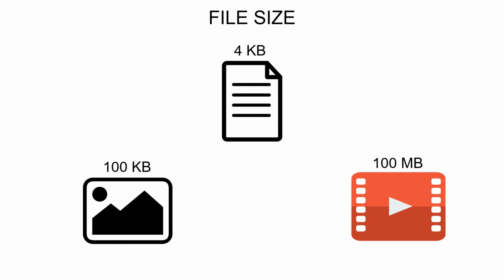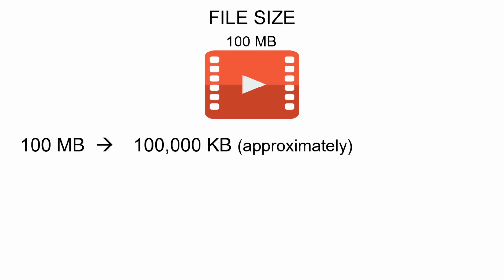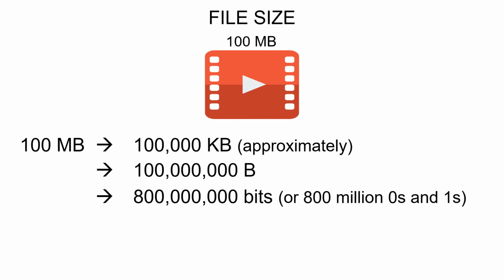When we speak about file sizes, it's similar to speaking about the capacity of a storage device. Let's take, for example, the 100 megabyte video. That is approximately 100,000 kilobytes, which is approximately 100 million bytes, which is 800 million bits, or 800 million zeros and ones.